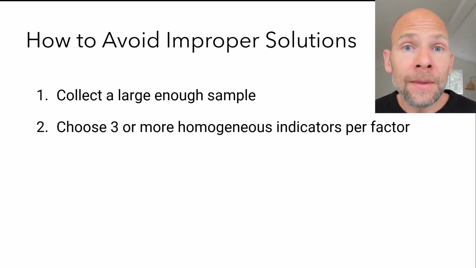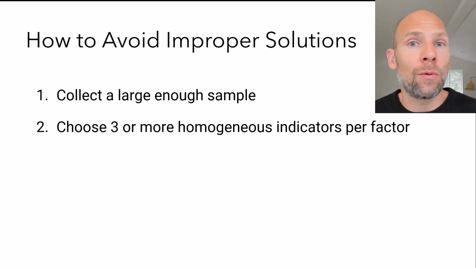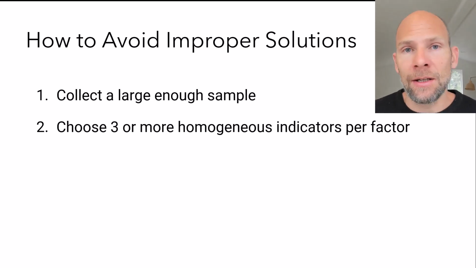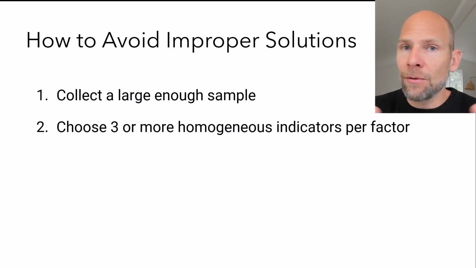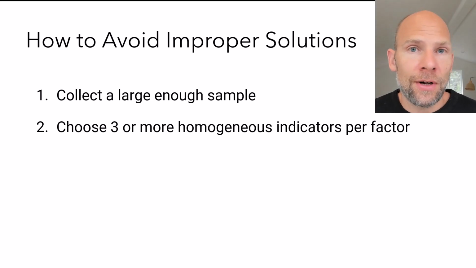Also, the indicators should be good quality indicators. So it's not helpful if you have many indicators, but they are all over the place. They are heterogeneous. They don't have a homogeneous covariance structure. They're not unidimensional. In that case, it might make the issue worse, and it also can affect model fit. So you want to make sure you have 3 or more good indicators.